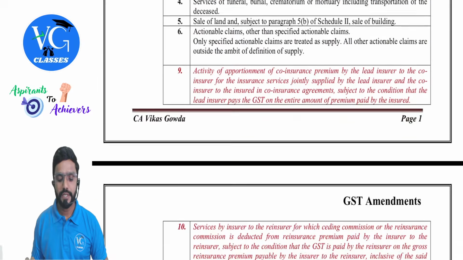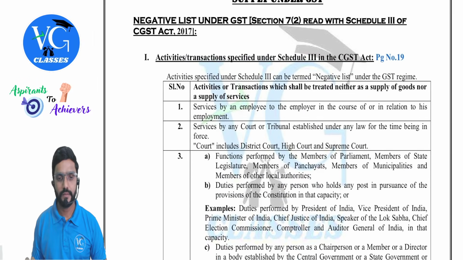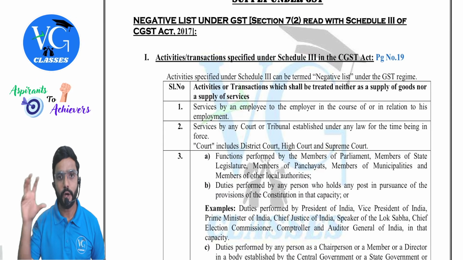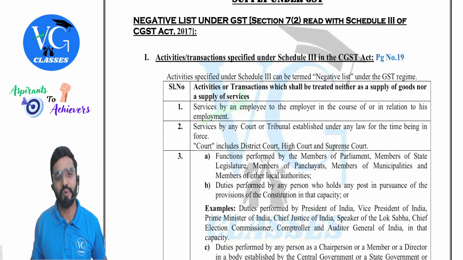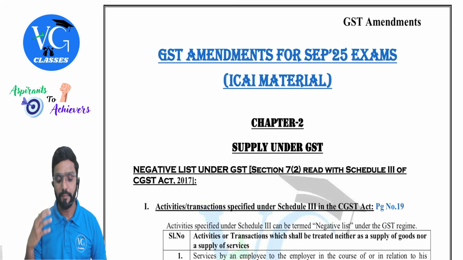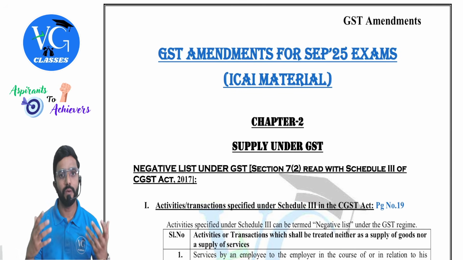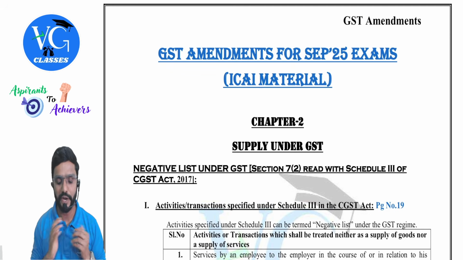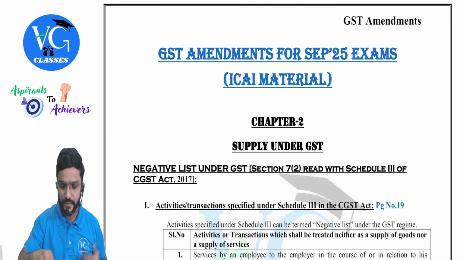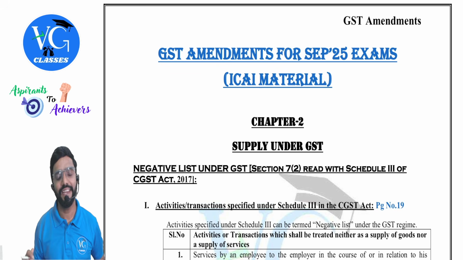I have also mentioned the page number, you can observe here, that is where the topic is covered in my provision book. So you guys better keep your provision book along with you while watching this amendment video, guys. Fine. So with this clarity, let us begin discussing the amendments.